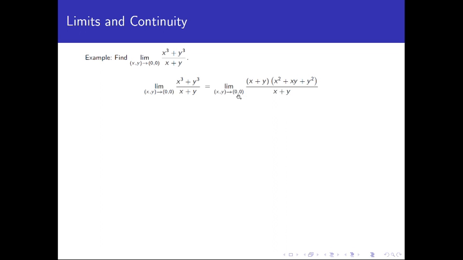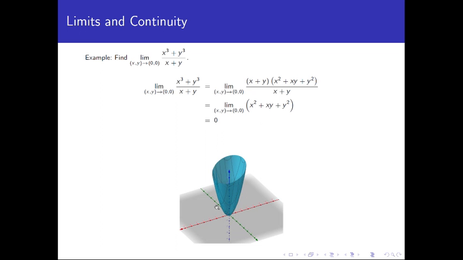And as long as you don't plug in x is the negative of y, this expression is defined, and we can go ahead and cancel those pieces out. We just get x squared plus xy plus y squared, which will give us 0, because I can just plug in at that point.